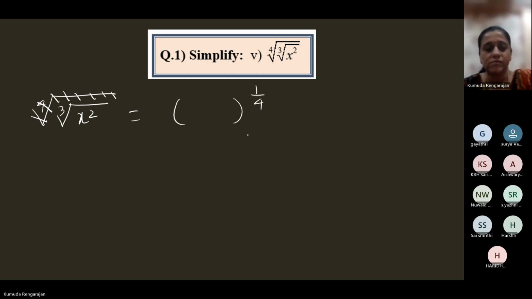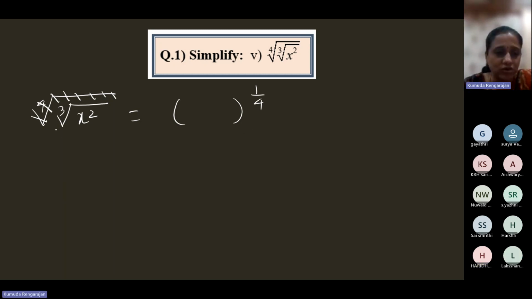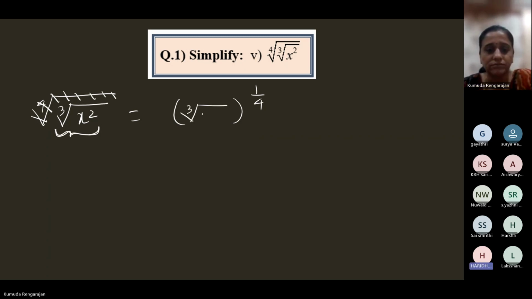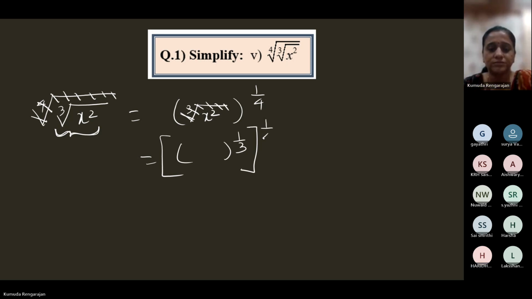All right. Now you should write the rest of it. Write this one in the bracket here. Now this cube root, no? This becomes to the power 1 by 3. There's already that power 1 by 4. This is x square.